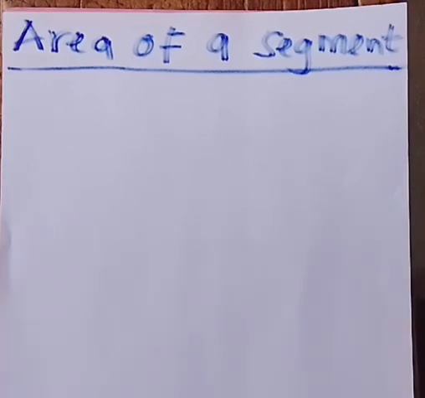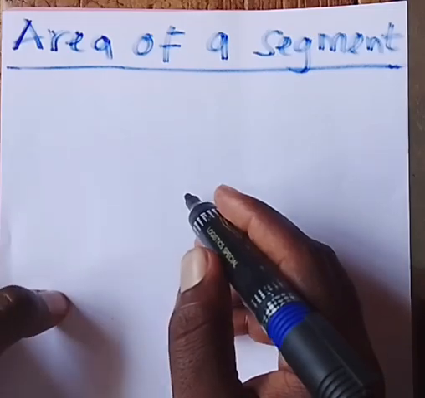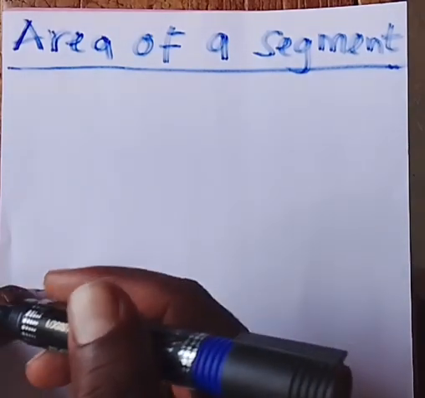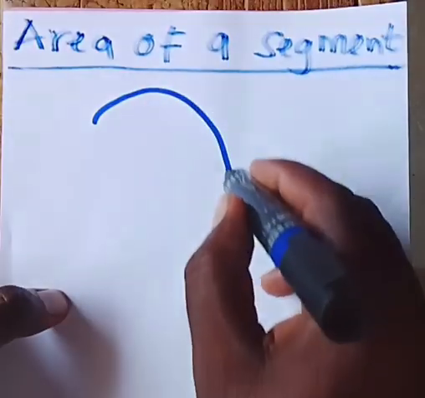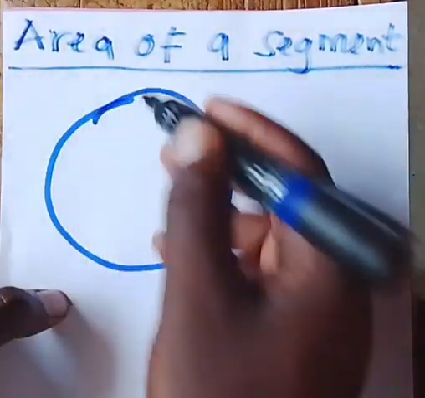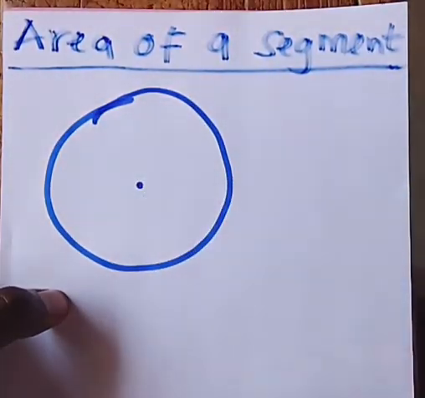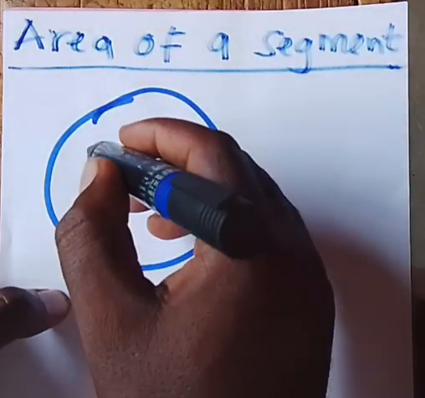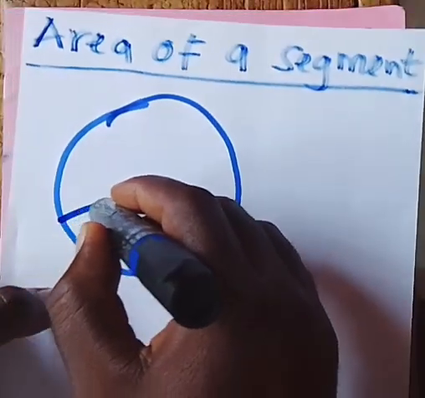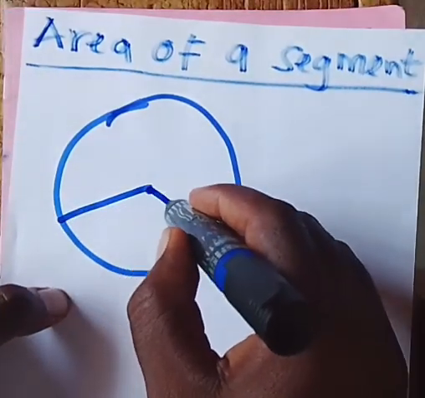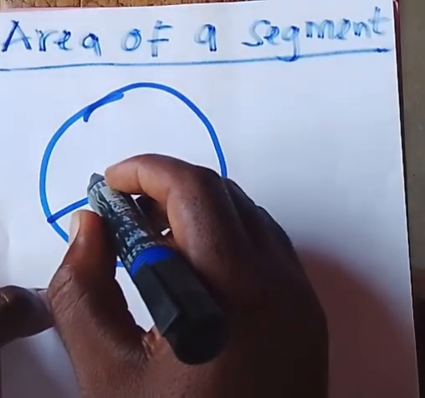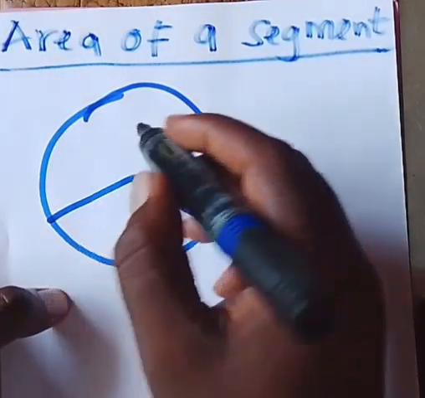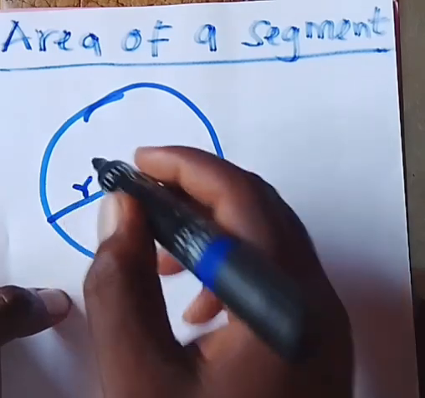Now, I'm going to draw a diagram here so that we may understand really what is a segment. So I'll draw a circle here like that. Then I'll have the center. Then I'll join the center to two radii. Then I'll say this is the radius, and this is the radius.